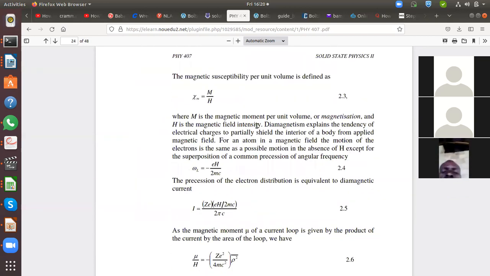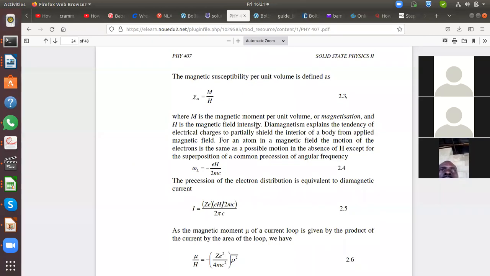Then if you look at the formula for magnetic susceptibility, which is 2.3, we have magnetic moment over the magnetic field. If you know the formula, and you are given a problem to solve, the ability to extract parameters from the question, coupled with the formula, will let you compute a numerical value that you can actually discuss as a physicist, that this value falls within the range of something.